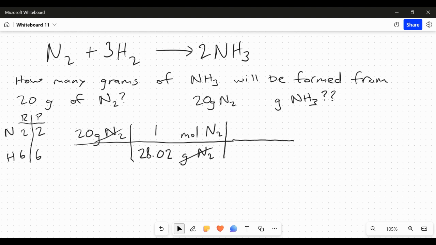Now that we're in moles, we can use the mole ratio. We're going to do that by copying our unit down, moles of N2. And on the top, we're going to put the substance that we want, moles NH3.